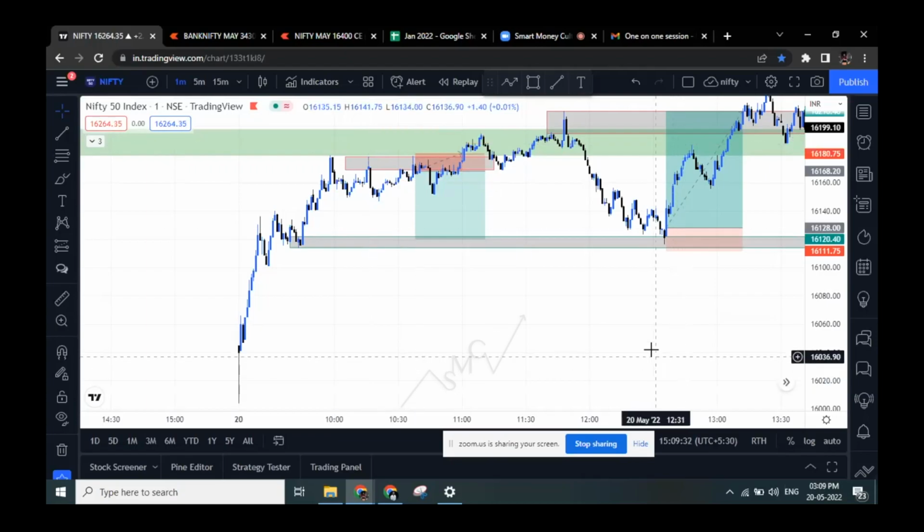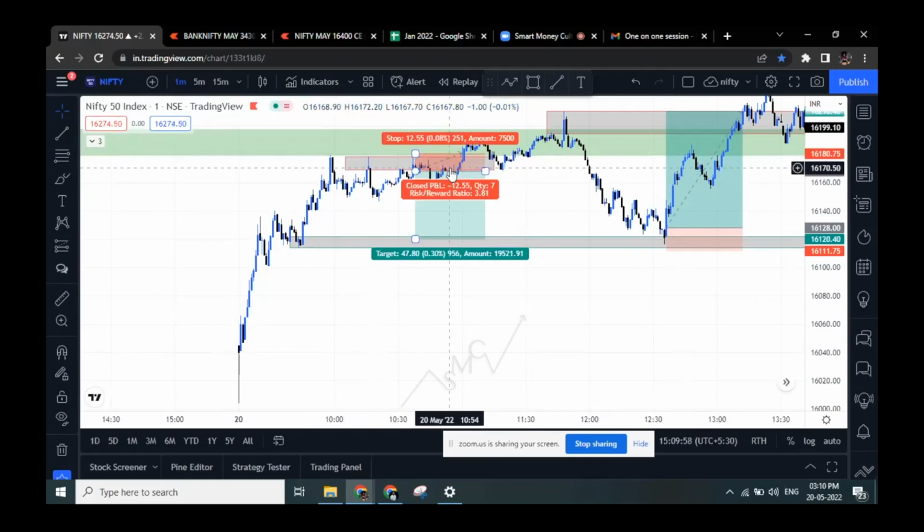Since I missed this buying opportunity, I thought it will come down and there will be no shorting opportunity. That bias actually made me draw this particular block, and I entered here. As per my trading, this is the first tap in the order block and this would be the second.